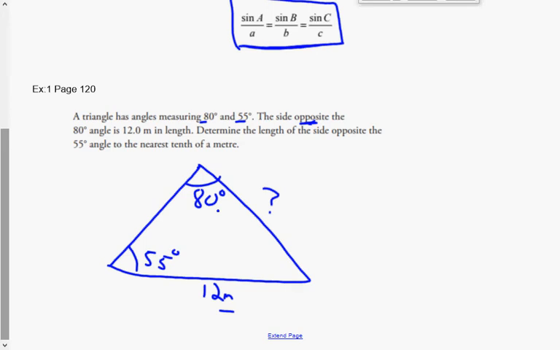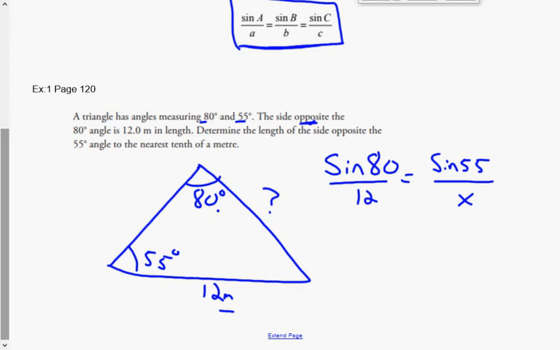So I'll just write out: sine 80 over 12 equals sine of my other angle over x. Any questions so far about what I've set up? Okay. Groovy.